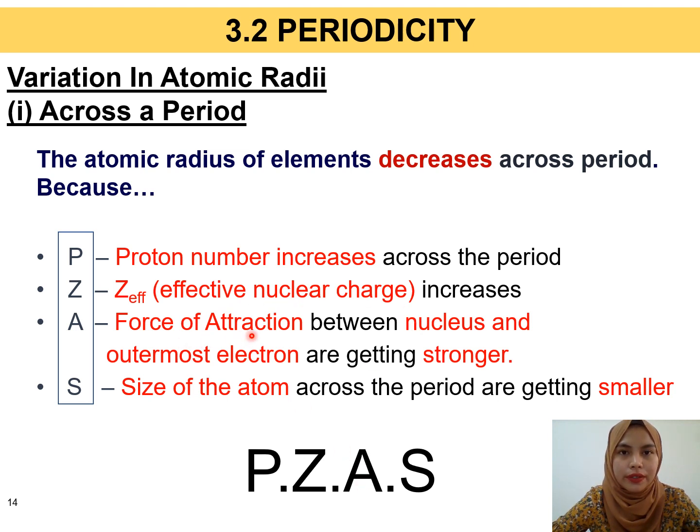So therefore the force of attraction between nucleus and outermost electrons are getting stronger. And therefore, lastly, the size of the atom across the period are getting smaller. Okay, so bila you nak explain point kenapa across the period the atomic radius of the elements it decreases is because you ingat this key point P ZAS. So you kena include keempat-empat point ni, okay, untuk dapatkan markah.